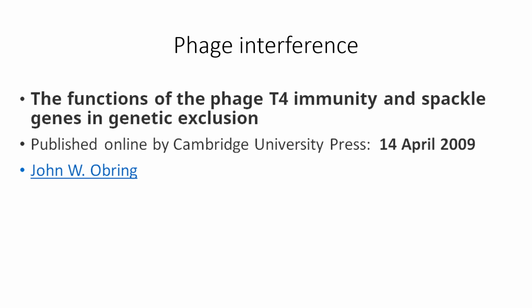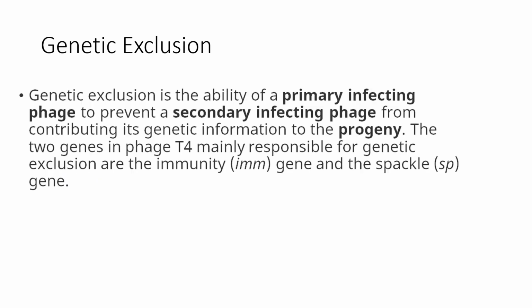So let's see what happened before in the biology. And here you have the phage interference. The functions of the phage T4 immunity and speckled genes in genetic exclusion.